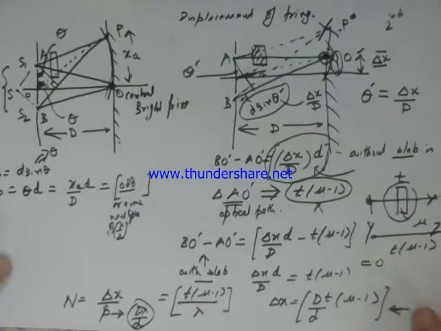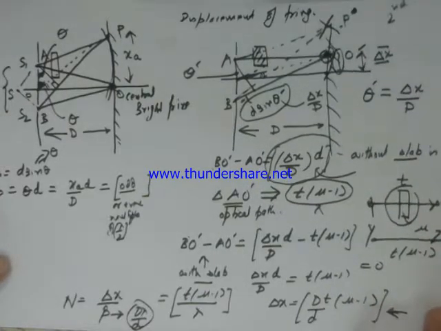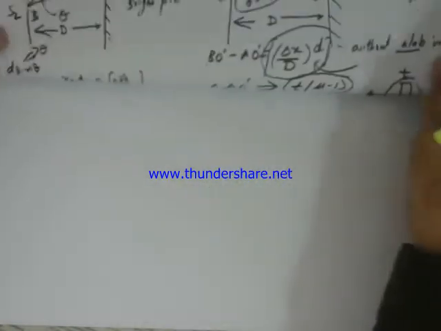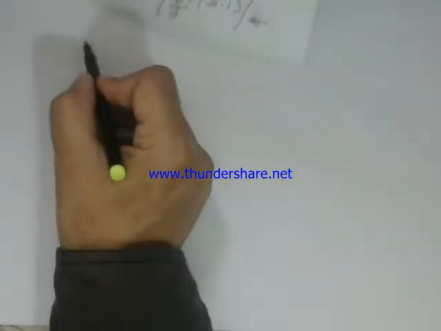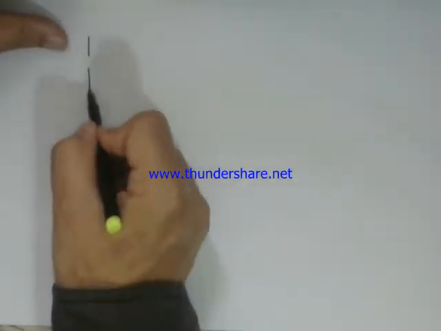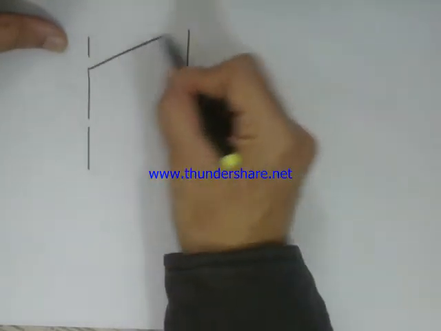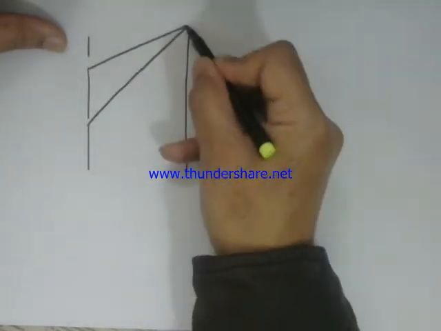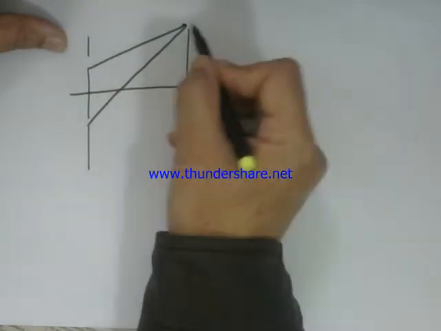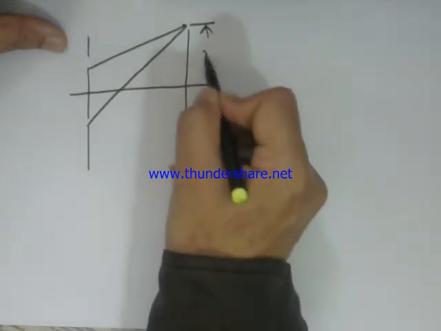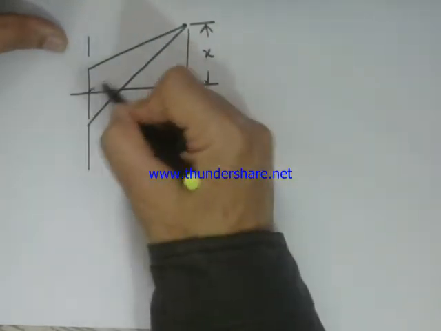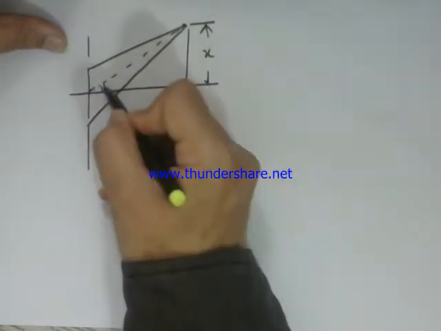I can derive this expression by another method also, and let us see how it looks. Now in the other method, what we do is, same apparatus, and suppose we have any point here with a distance x, and let this angle be θ.